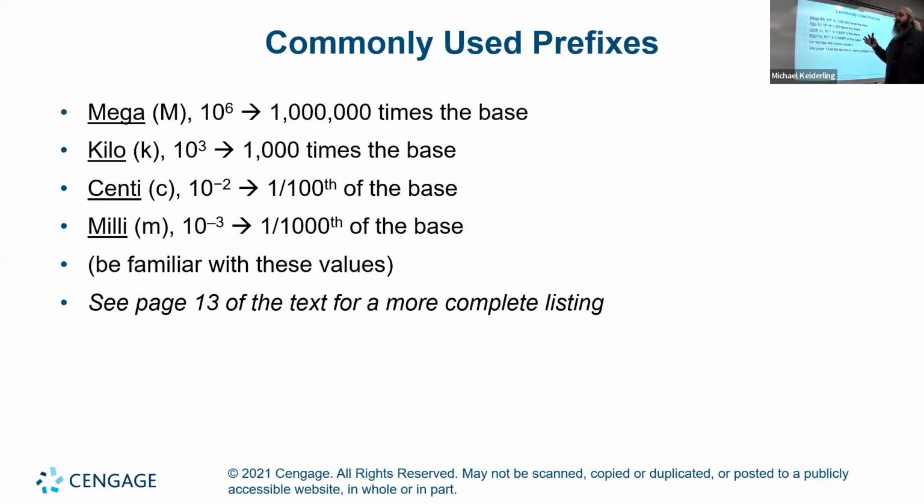So a megagram is 1,000,000 grams. A megaliter is 1,000,000 liters. A megaton is 1,000,000 tons. A megabuck is $1,000,000. A megabyte, which is probably what you've encountered, is 1,000,000 bytes.